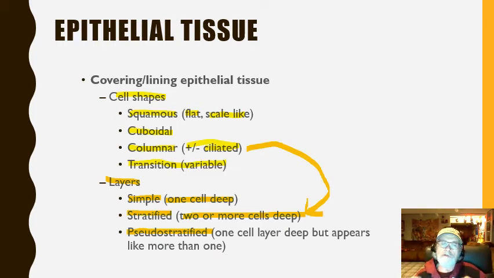However, in pseudostratified tissue, sometimes because of glandular structures between the columnar cells, the cells, instead of being a perfect column, might be a little angled, a little narrow at the bottom and wider at the top, so the nucleus might be up here, and the one next to it is wider at the bottom and narrower on top, so the nucleus is down here. So the nuclei go in multiple different layers and it looks layered, but it's not. It's simple, one single layer, but the nuclei are all over the place. That's called pseudostratified, and I'll show you examples of all of those.